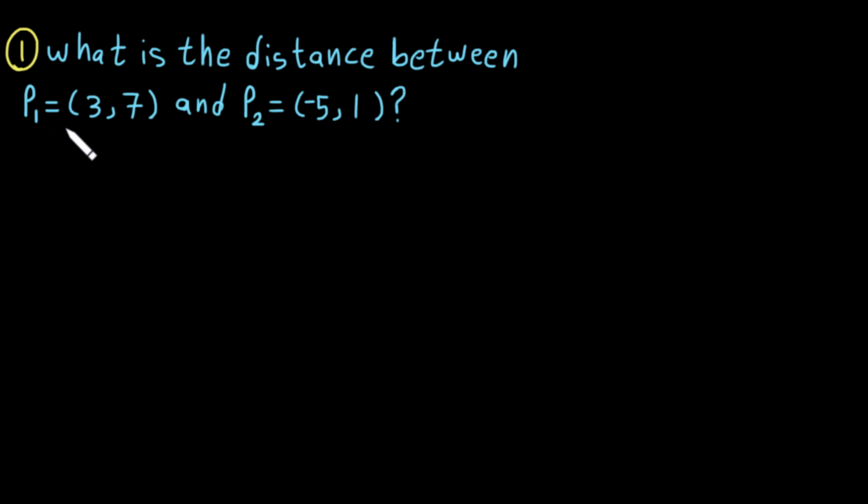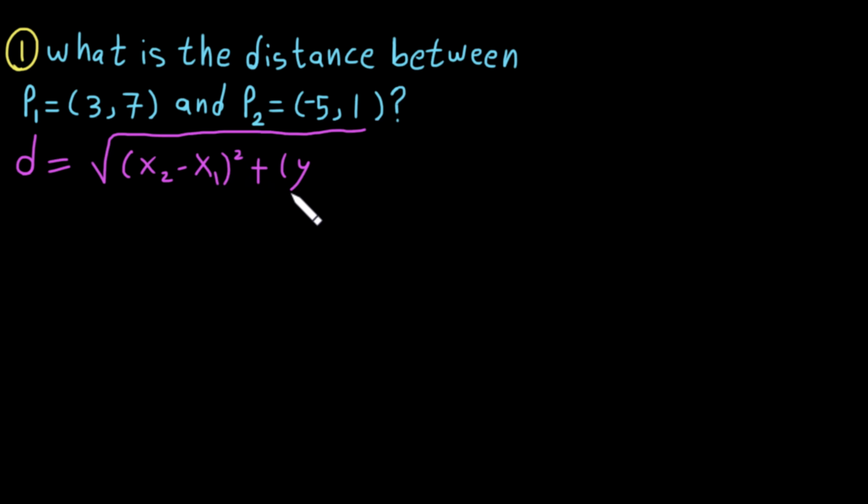If you have 2 points, here we have P1 and P2, the distance between them is D equals the square root, a long square root because I will write many things here, of (x2 minus x1) squared, plus (y2 minus y1) squared. What are x1, y1, x2, y2? x1 is 3, y1 is 7, x2 is negative 5, y2 equals 1.